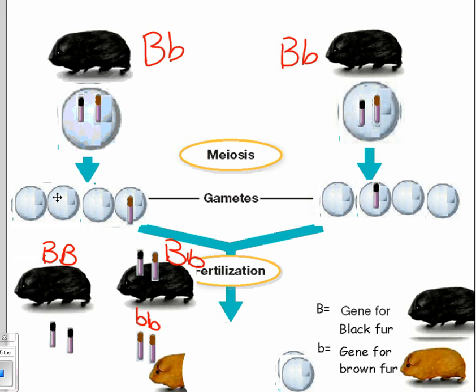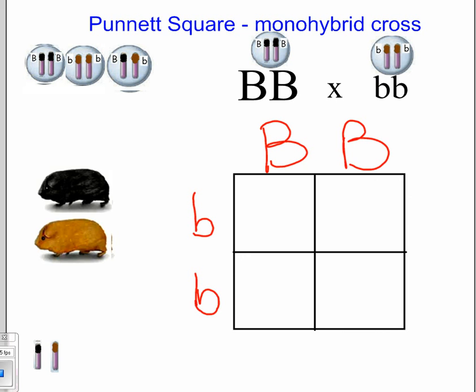If this one ends up with that one or this one ends up with that one, that's what we do with Punnett squares. So we're going to separate these genes out. That one has one, that one has one, this is brown. But we never know who's randomly going to match up with who, right?